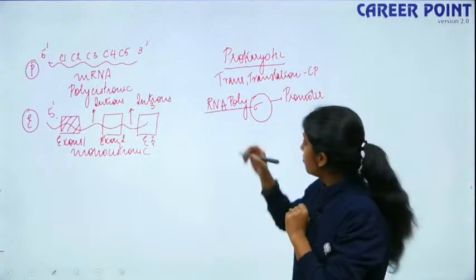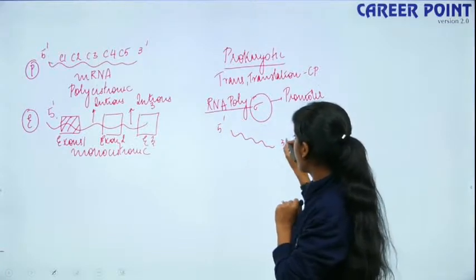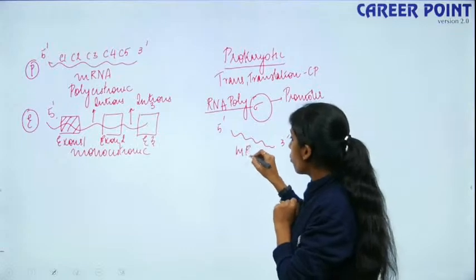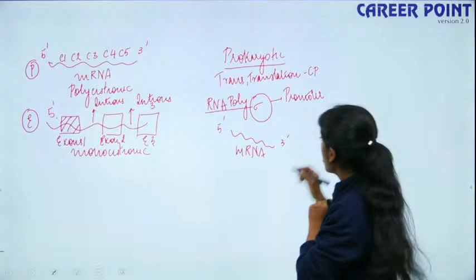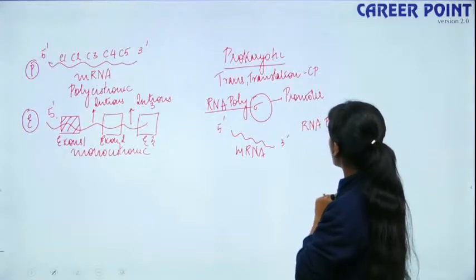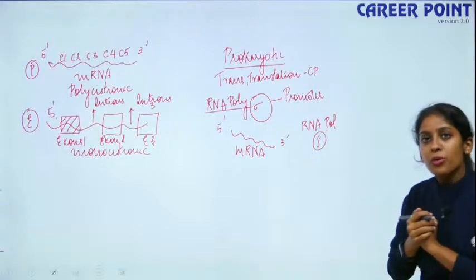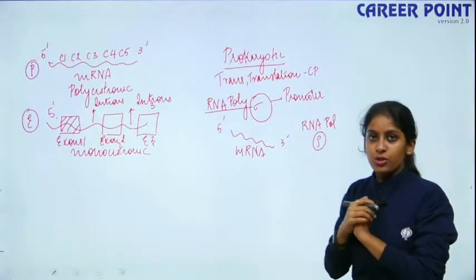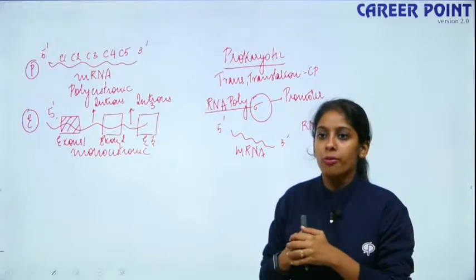Then your RNA polymerase produces this mRNA. When your RNA polymerase encounters the terminator, the rho subunit binds to the terminator region of the transcription unit and brings the RNA polymerase outside.